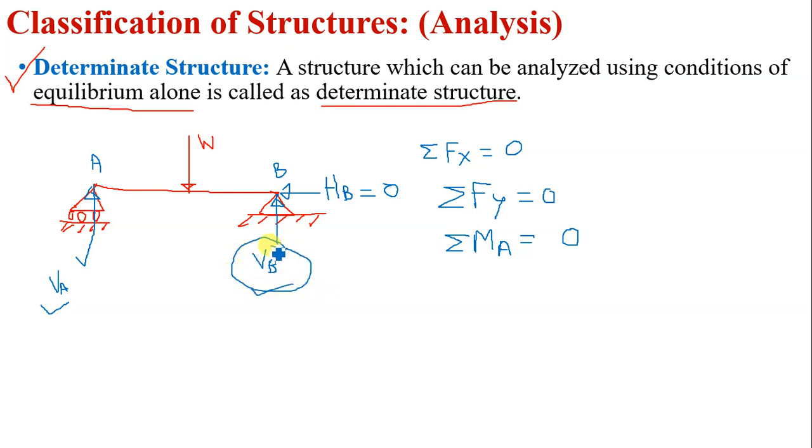If you are taking moment about A, you can find VB, and after knowing VB, from this equation you can calculate VA, and thus the problem can be solved. So this problem can be solved using conditions of equilibrium alone. Hence, this problem is a determinate problem and the structure is a determinate structure.